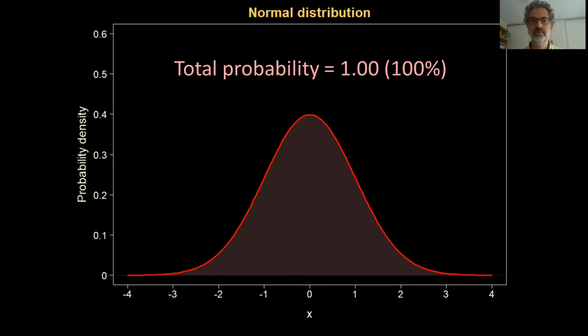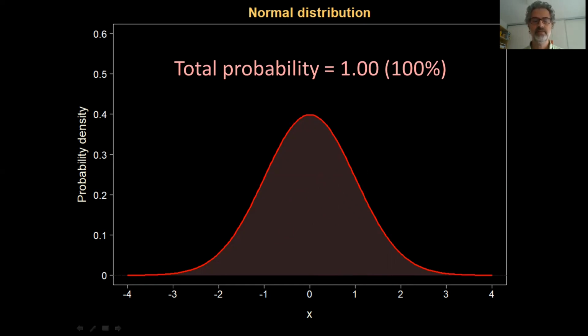So you can't work with individual bars. But once they are infinite, you stop thinking about bars and adding them and think about areas. So this total area under here is the total probability of everything that can happen, which has to be 100% or 1. So the shaded area under this curve has an area of 1.